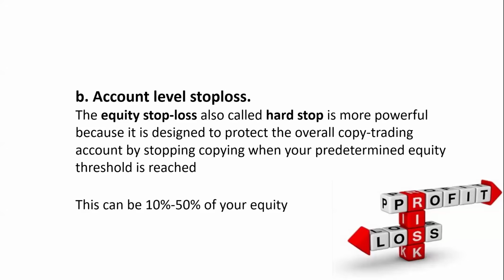But the choice is yours if you want to increase it to 20% or more, but maximum, it shouldn't be more than 50%, because your trades still require some breathing space to move. So between 10 to 50%, you can activate this equity level stop loss to protect your account. Regardless of what happens in the market, your account cannot be at risk beyond that level of exposure. So make sure you do that.